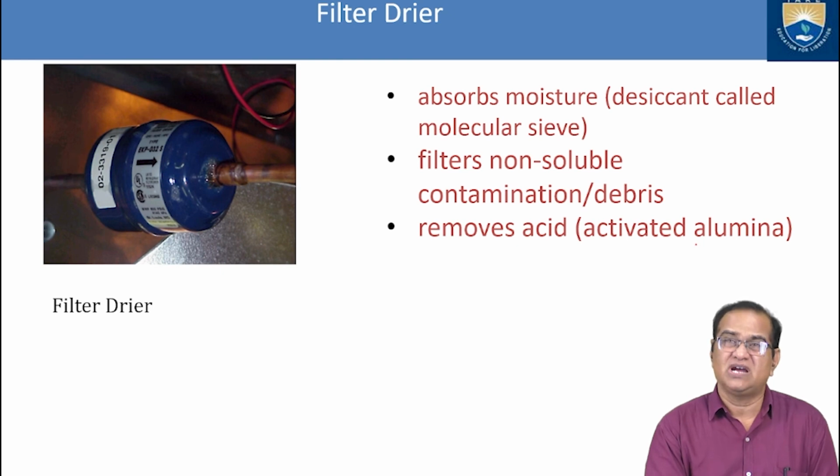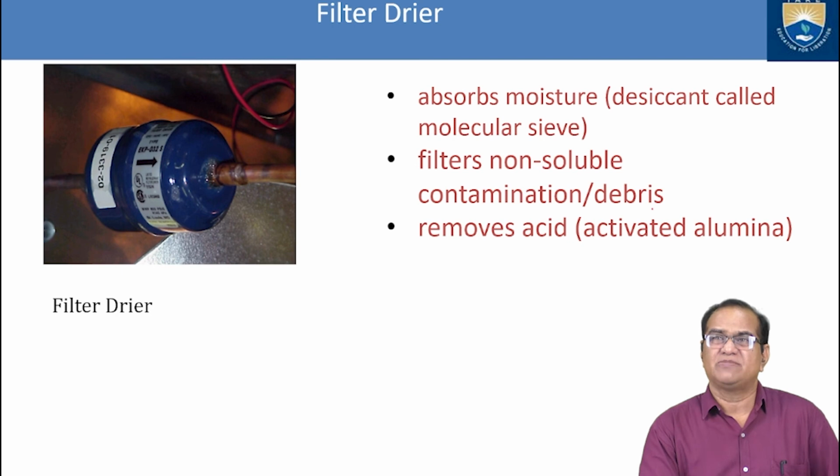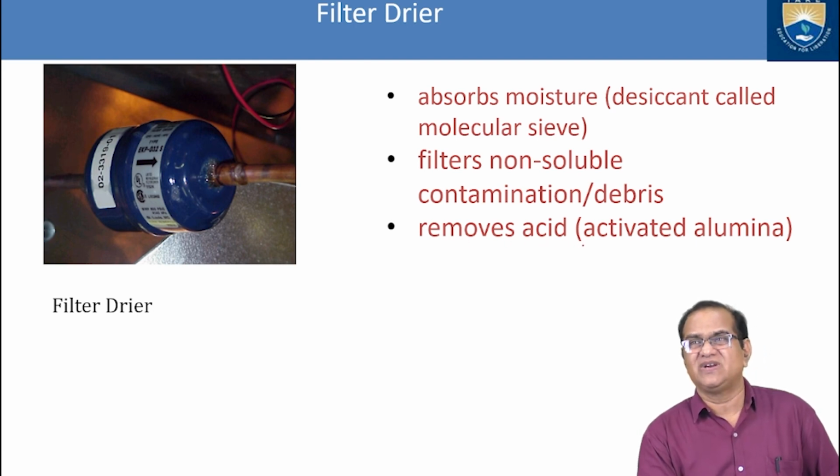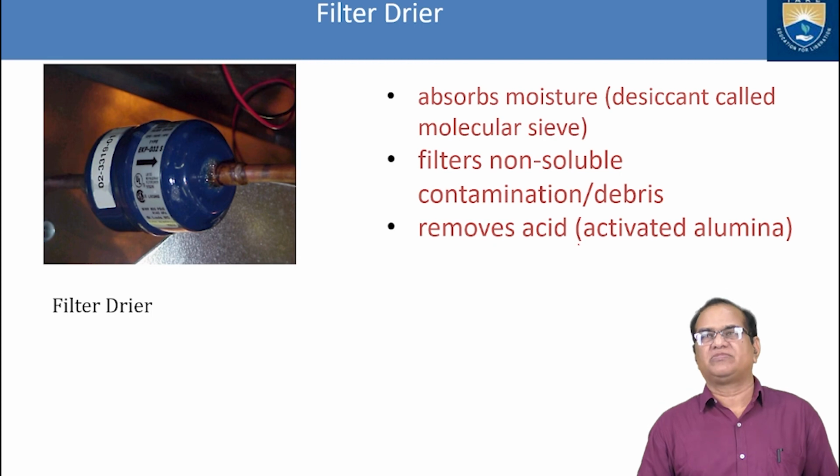So this is the objective and function of the filter dryer. It absorbs moisture, filters the non-soluble contaminations, and also removes acids and activated alumina and other parts of the system.